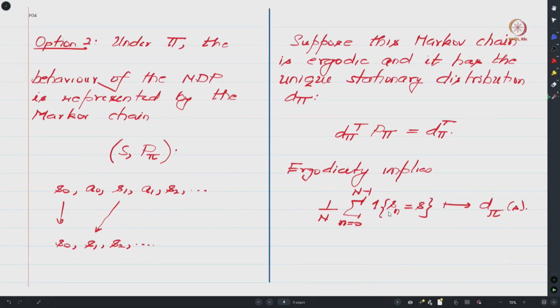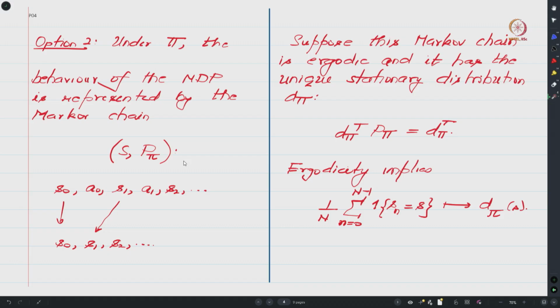To answer that question, we will try to understand, if we look at the states under this policy pi, what would be the distribution of these states. One can see that if you act according to your policy pi, the behavior of the MDP can be represented by the Markov chain S comma P pi.